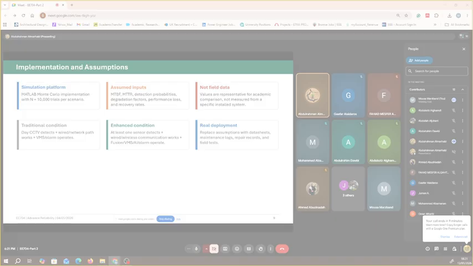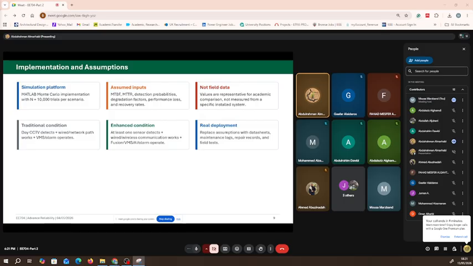The enhanced system is successful if at least one of the sensors detects the event, the wired or wireless communication works, and the Fusion Engine, VMS, AI module, and alarm system operate.